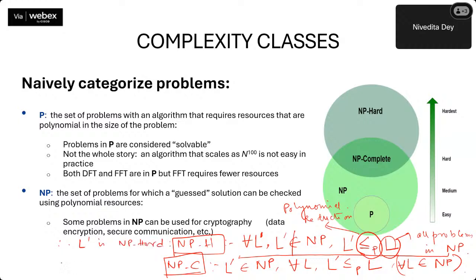This is the mathematical definition, and here L dash is NP complete. Okay, I hope it is clear now to everyone.